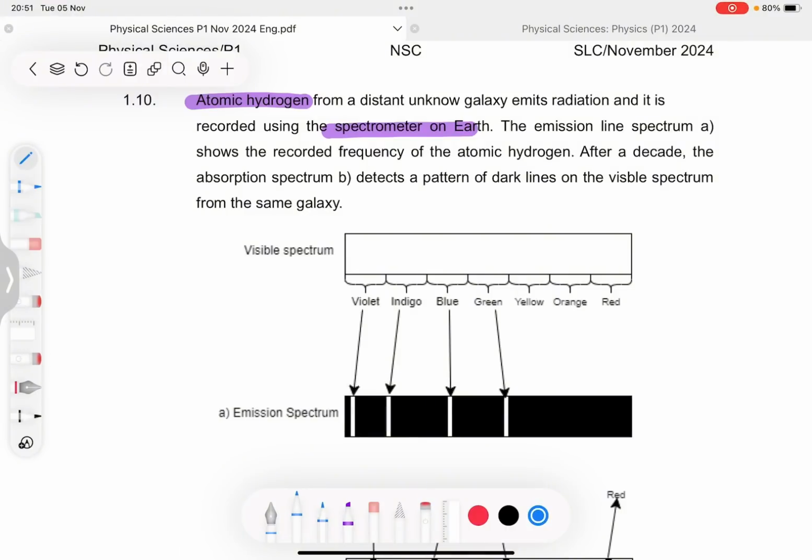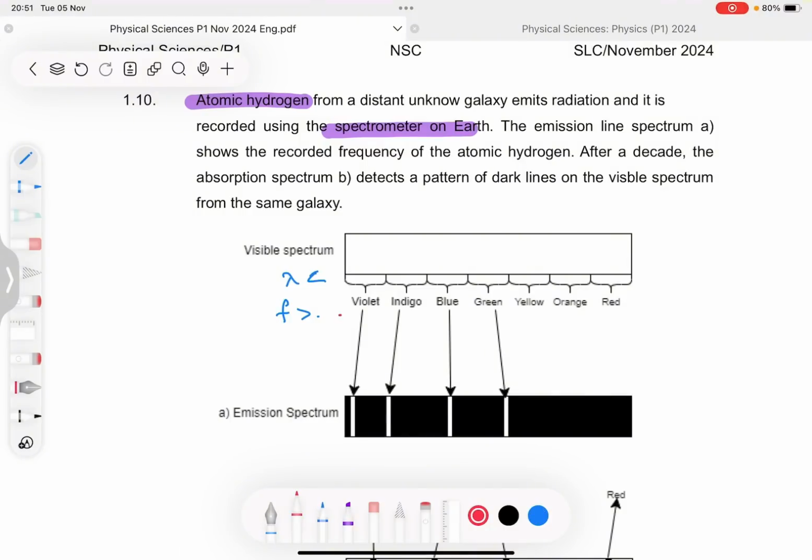And we know that the colors from this side have a shorter wavelength. I'm just going to use the less than sign there to say they have a shorter wavelength. And this means here they'll have a higher frequency. They'll have a bigger frequency, right?